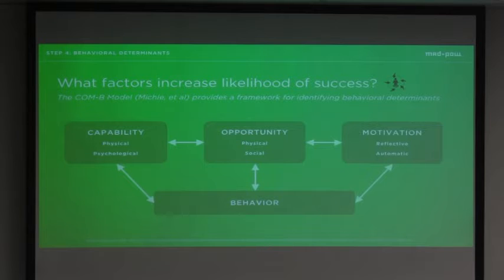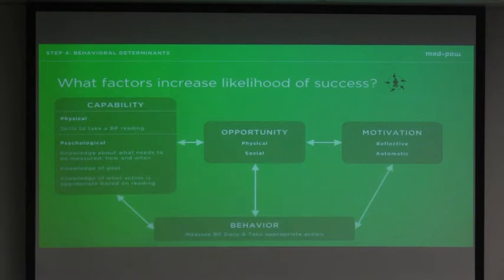What are their capabilities, opportunities, and motivation that would help this behavior be more likely to happen? Or what might be the barriers, very specific to this audience, that might prevent this behavior from happening? For example, if our audience has certain barriers, like not having a blood pressure cuff, this is a very significant barrier for us to think about addressing in our intervention.